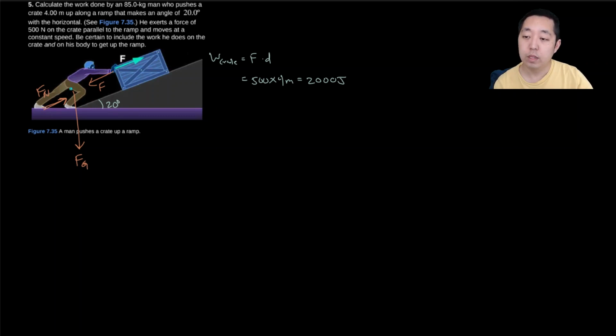So we have to calculate the work he does on himself: the normal force times the distance. Now, to find this normal force, I have to sum up all the forces happening on this picture. Actually, this is not really a good diagram.